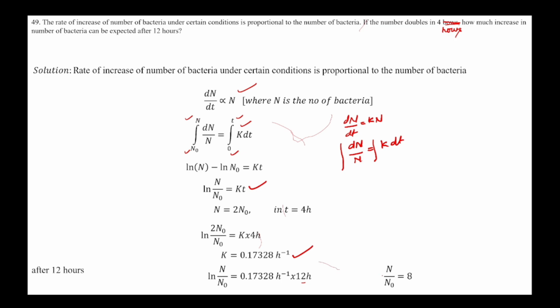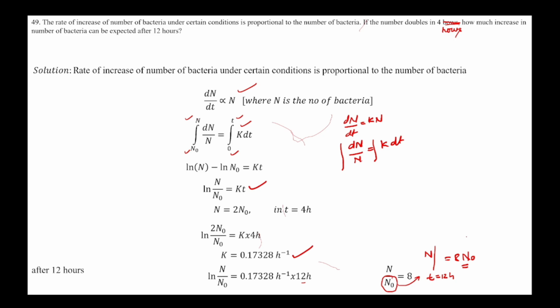That means whatever the initial number of bacteria, the amount after 12 hours will be 8 times the initial number. So you can choose any value.